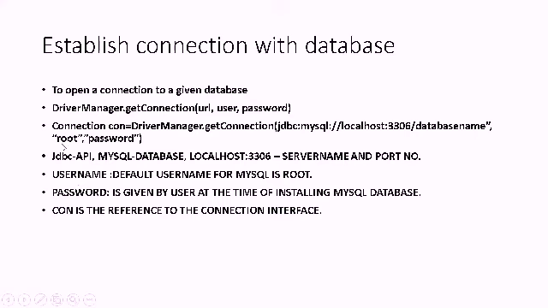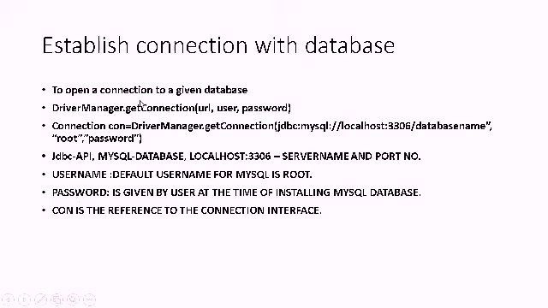The username is the default username, which for MySQL is always root. The password is whatever the user gave as a password when downloading or installing MySQL, and you have to mention it here.